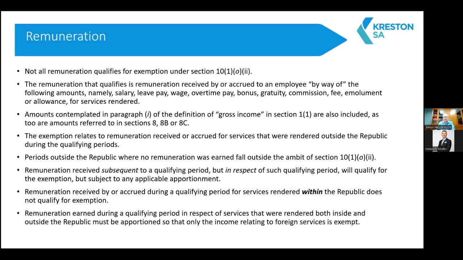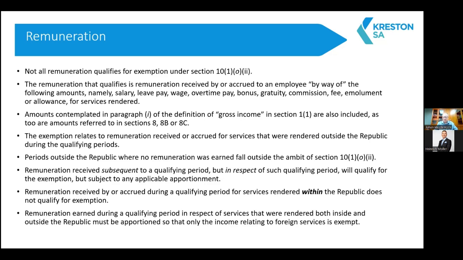And there's an example on that on section 8C. So if you receive leave pay for the periods that you worked and you've accumulated the leave from 2018 to 2023, and you were abroad for 2018 and 2019, then that period will be totally exempt because there's no limitation on that period of 1.25 million rand.